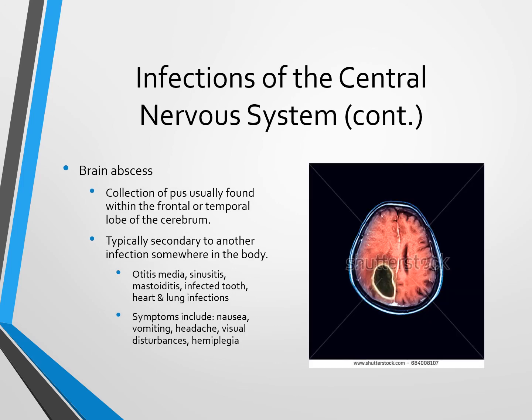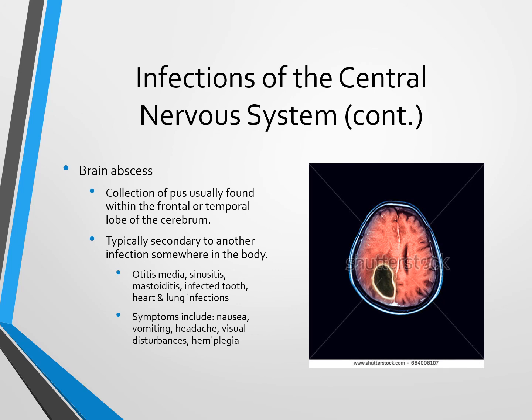A brain abscess is a collection of pus that typically occurs in the frontal or temporal lobes of the cerebrum. The pus can be free or it can be encapsulated, like here in this image you see kind of a delineation there. So that would be an encapsulated type.